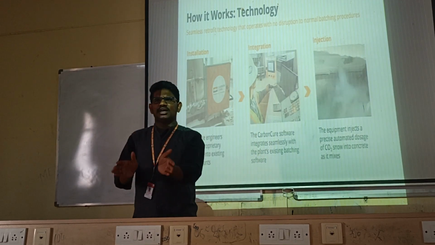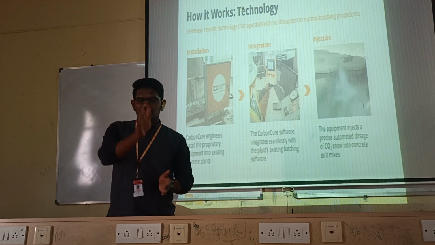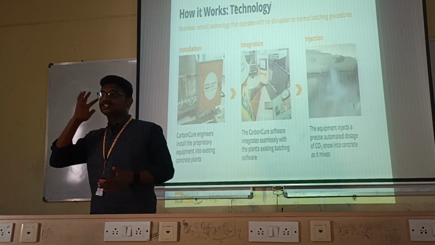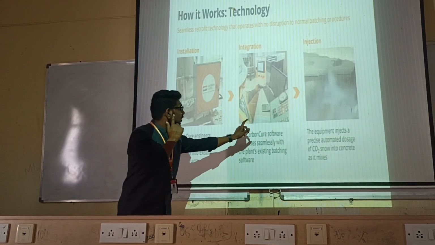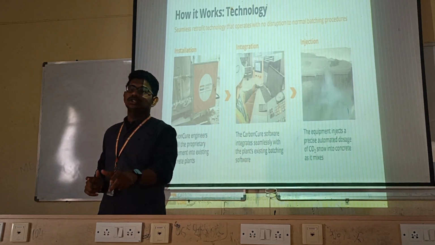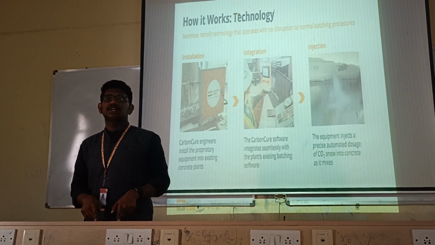For every concrete plant, for every industry, there will be batching software, which means this thing will happen first, and then this, and then this, and then this. A particular sequence of tasking will be there. So the control box of the carbon cure technology will be installed with the batching software seamlessly.